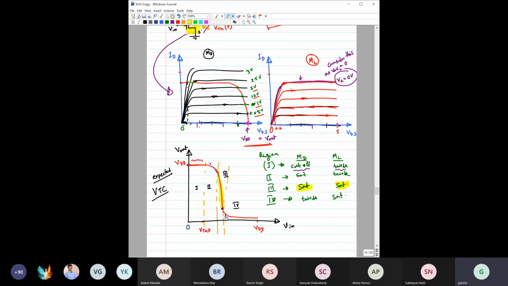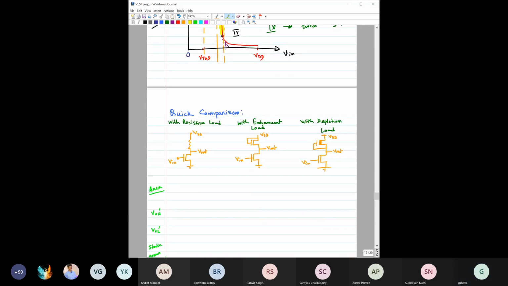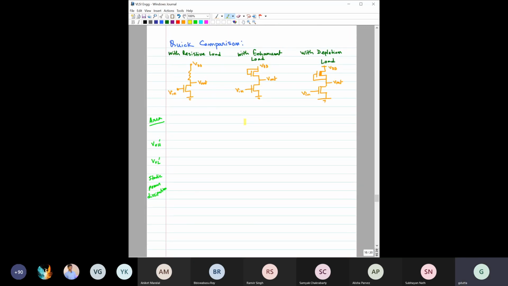Is there any doubt regarding this NMOS inverter with a depletion load? If there is no doubt, then we can jump into this section, which is a recap of all the inverters we have learned.